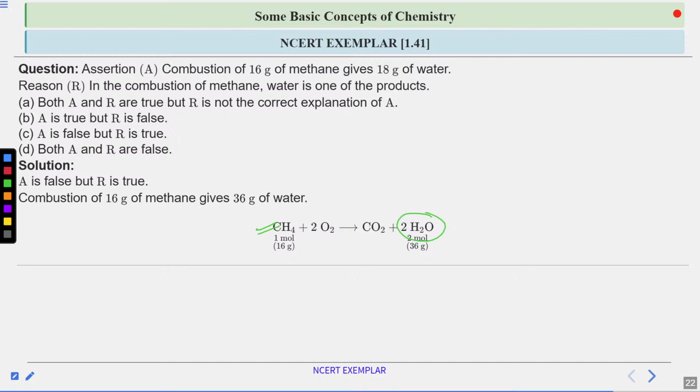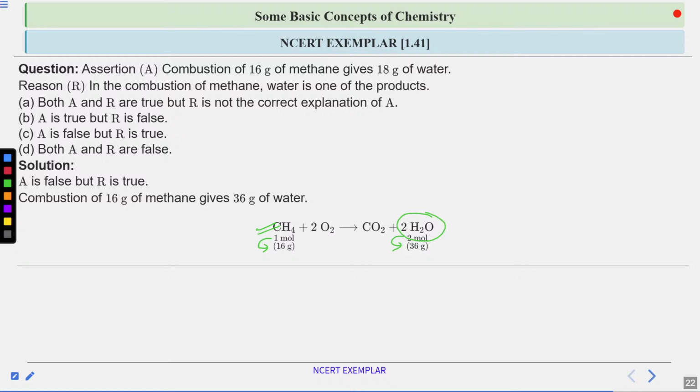Yes, partial combustion gives carbon monoxide when there is very little oxygen. According to this mole concept, we know that 1 mole of methane has a mass of 16 gram and 2 moles of water will have a mass of 36 gram, as 1 mole has a mass of 18 gram. So 18 into 2, that will give you 36.